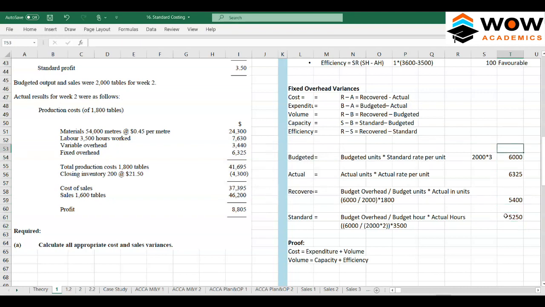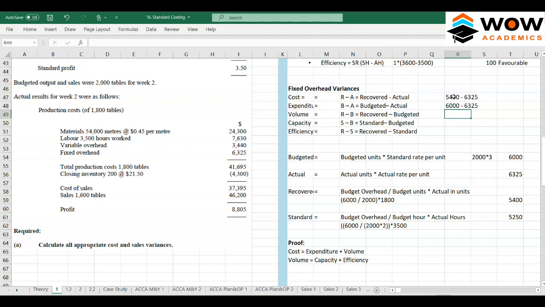We have to put these numbers here and thereafter get an answer. So first we'll find out R. R is 5400 minus A, which is 6325. B is 6000 minus A, which is 6325.